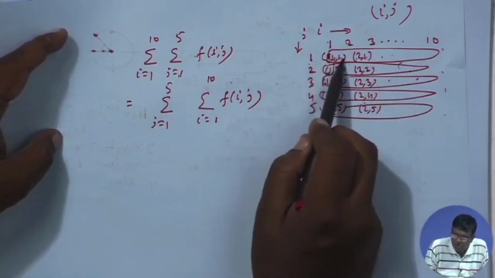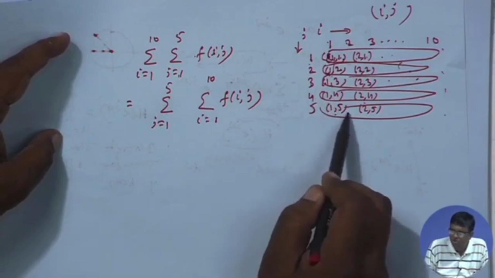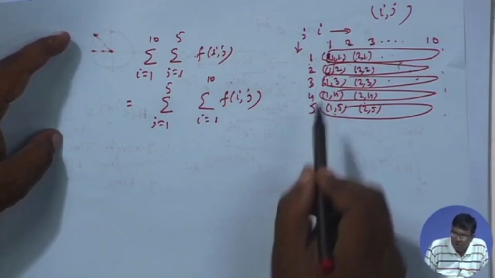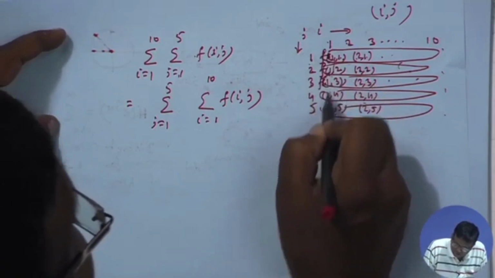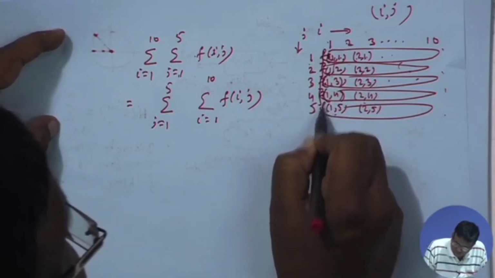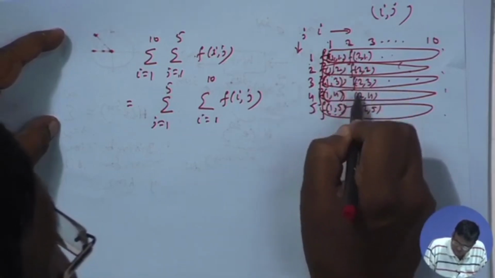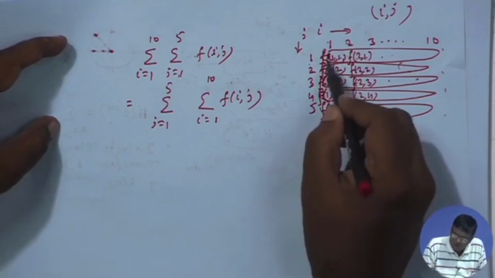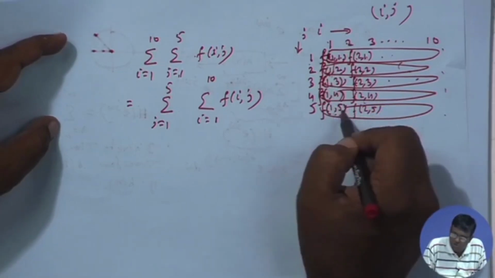Function f of 1 comma 1, f of 1 comma 2, f of 1 comma 3, f of 1 comma 4, f of 1 comma 5. Okay, you can put an f here if you want. So, either you add these columns: f of 1 comma 1, 1 comma 2, 1 comma 3, 1 comma 4, 1 comma 5.